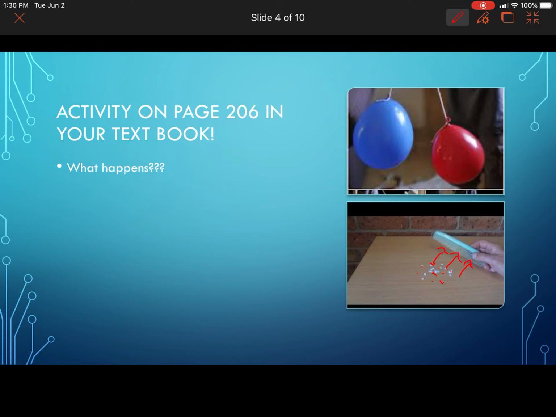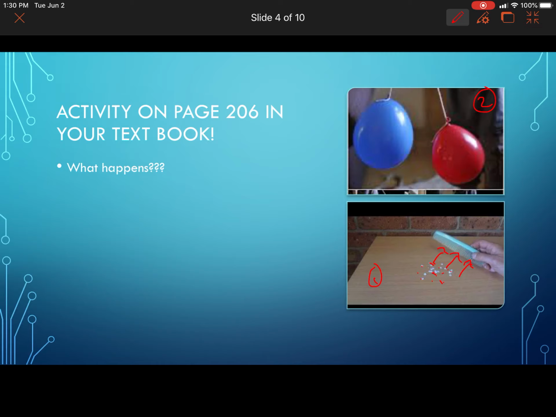The second part here was with balloons. So if you have balloons in your house, I suggest you try this as well. You can charge up balloons, make them full of static electricity by rubbing them against your hair again.